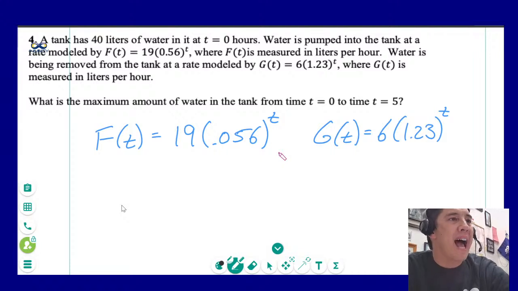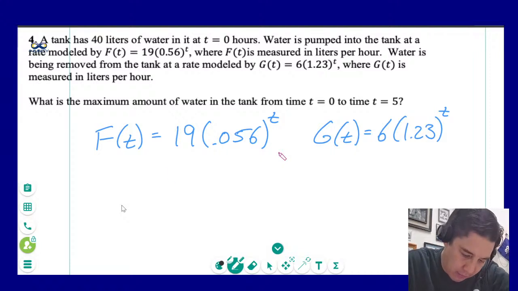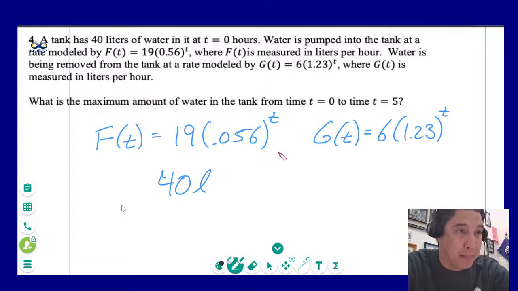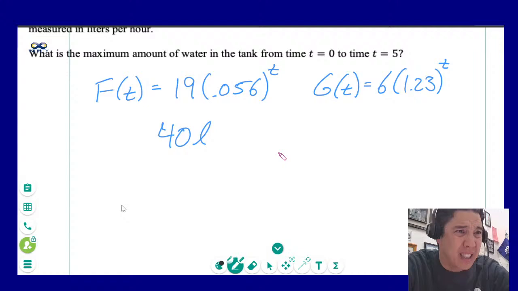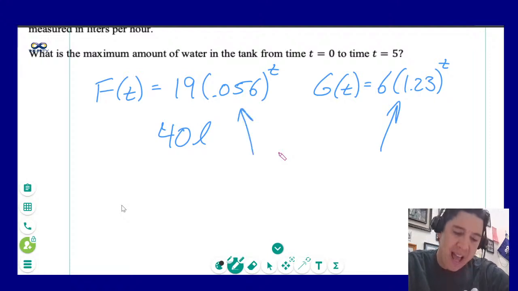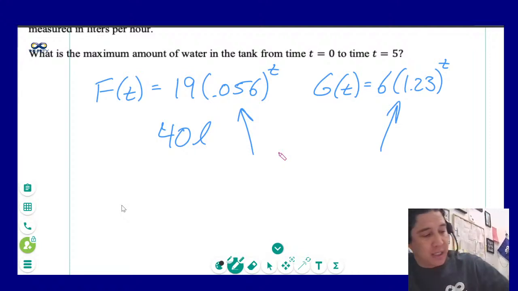And we start out with 40 liters of water. All right, so we're going to be adding water and taking water away at the same time. Now you could see that this number is always going to be bigger than this number after t is greater than 1. Do you see what I'm saying?